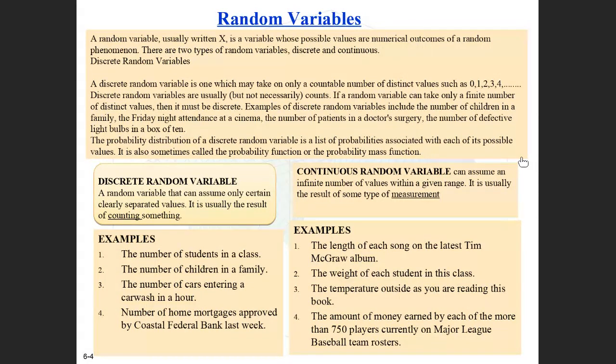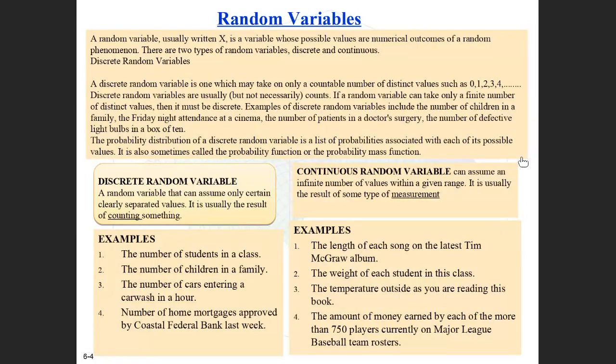So examples of discrete random variables include the number of children in a family. It can't be infinity in a regular family with human children. We're not talking about bacteria. Friday night attendance at a cinema, because you only have that number of seats.